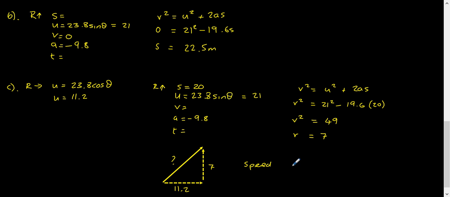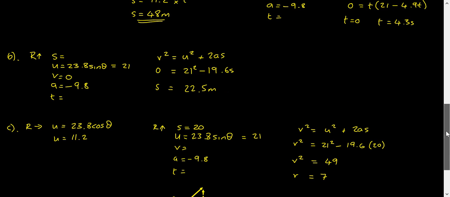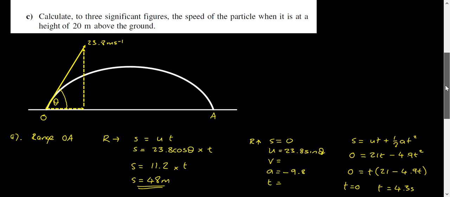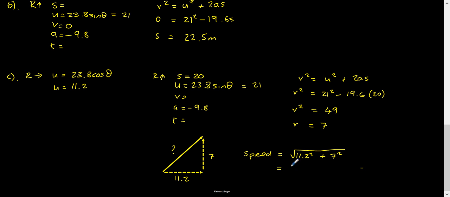So the speed of this particle is given by the square root of 11.2 squared plus 7 squared. And let's just work that out. We got 13.2. What was our accuracy? 3 significant figures. So we have 13.2 meters per second.